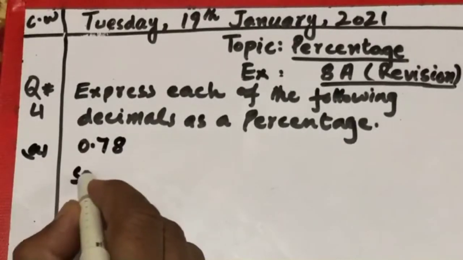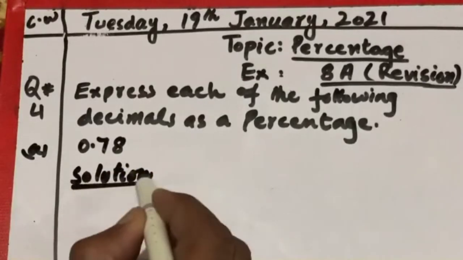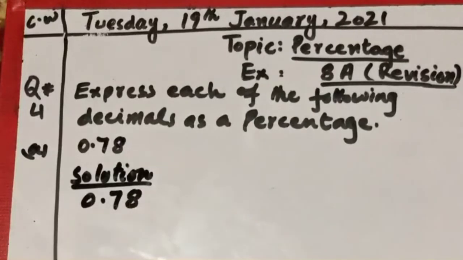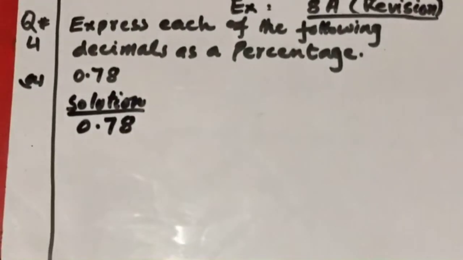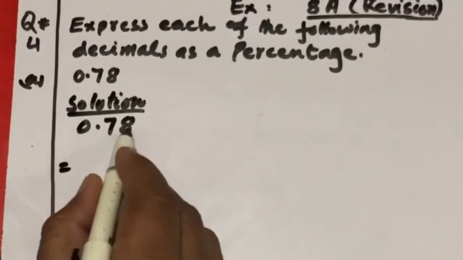So in the solution, we will write the decimal number again, 0.78. As we have learned, if we want to convert any number into a percentage, we will multiply it by 100%. First of all, we will convert the decimal number into fractional form.